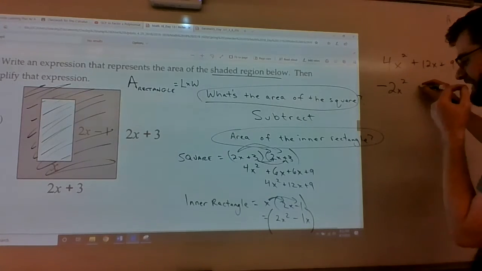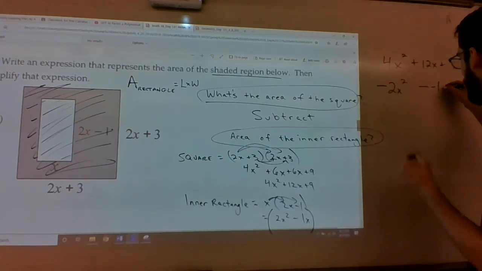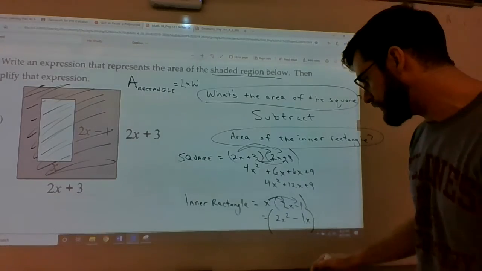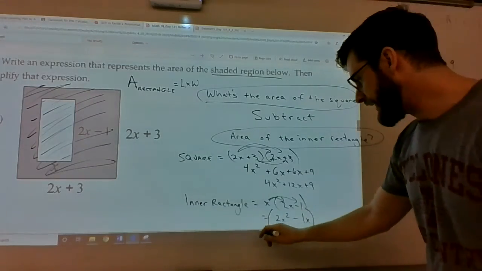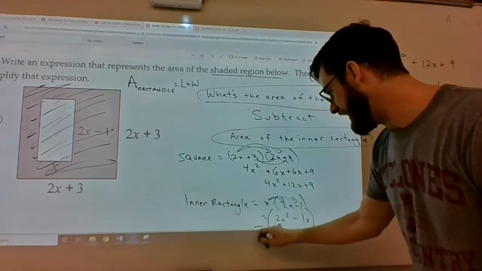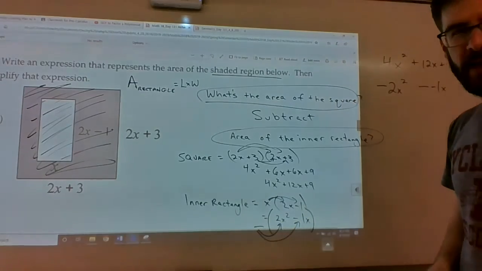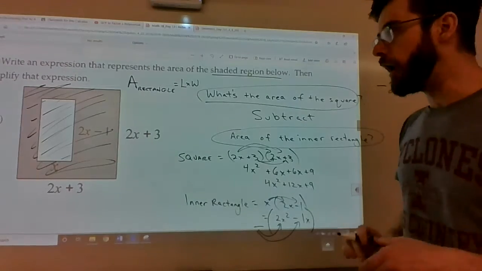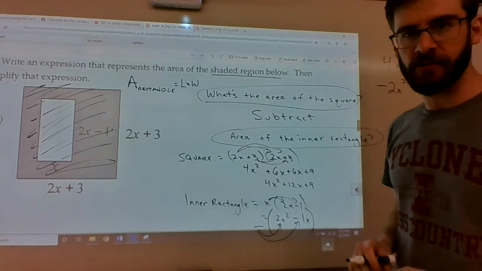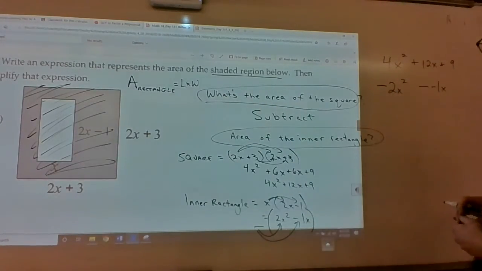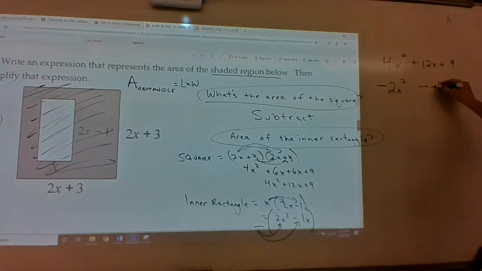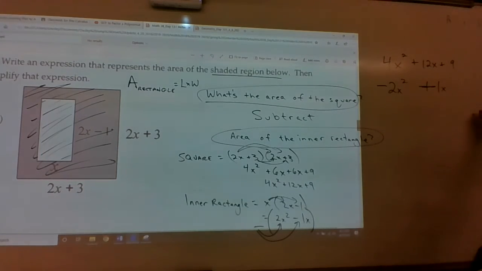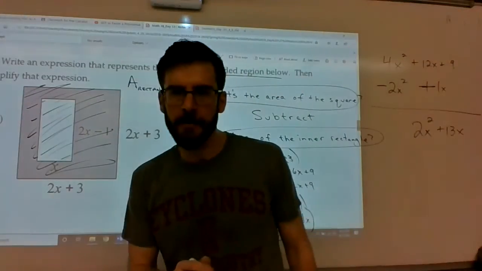But when I'm taking away negative 1x, I actually have to distribute a negative through. I got to distribute the negative through to here and to here. That's usually where students make a ticky-tack error, is they forget to distribute that negative on a problem that has shaded region like this. So just remember that that's a minus and negative. It means plus. You're left with 2x squared plus 13x. You still seeing it there? Plus 9.